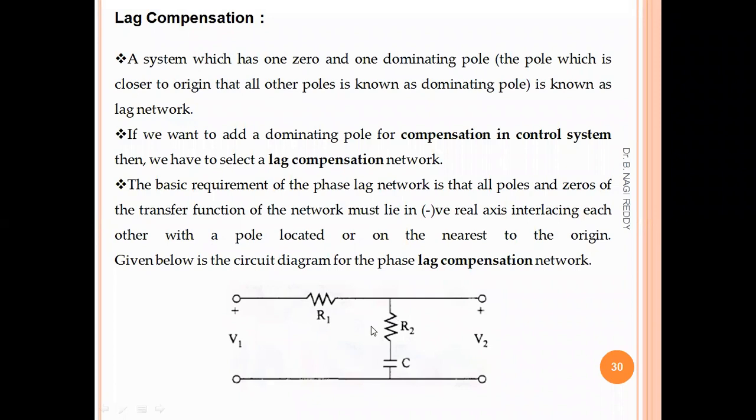The difference between the lead compensator and the lag compensator is that in the lead compensator we have a parallel capacitor across R1, but in the lag compensator we have a series capacitor with R2. Here the input is V1 and the output is V2.